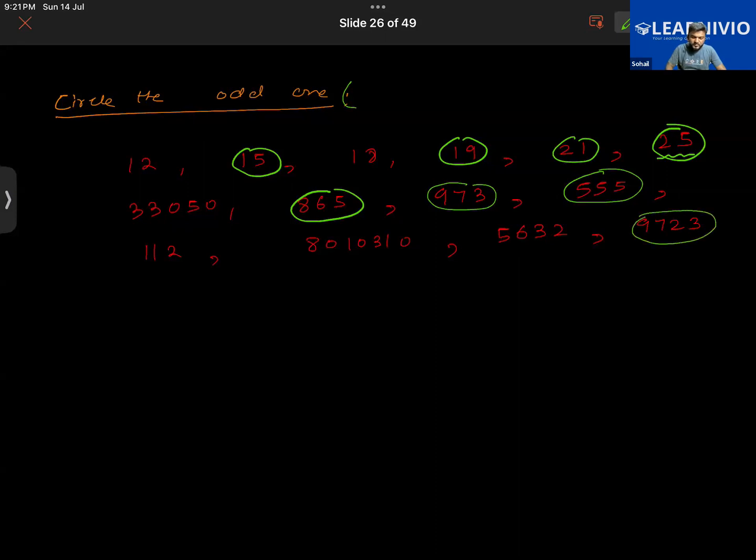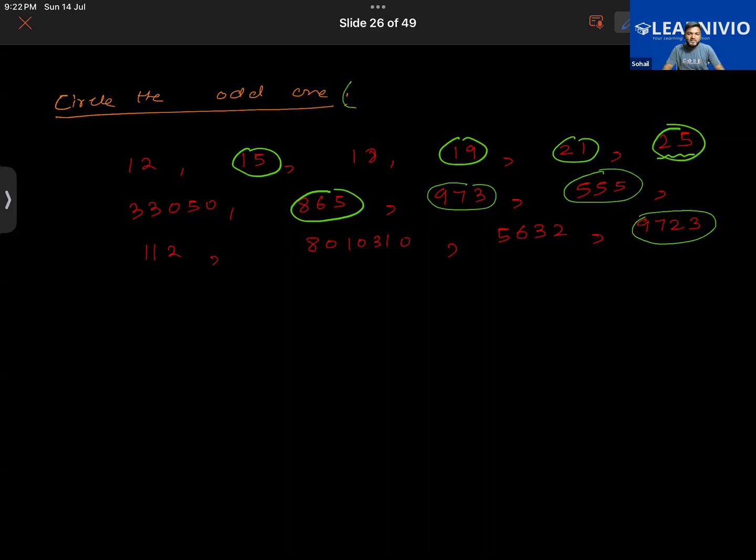Very good. So what we have observed over here is that these numbers at the unit places have digits like 5, 9, 1, 3. Look at the place values of these given numbers, and what do you observe in them?